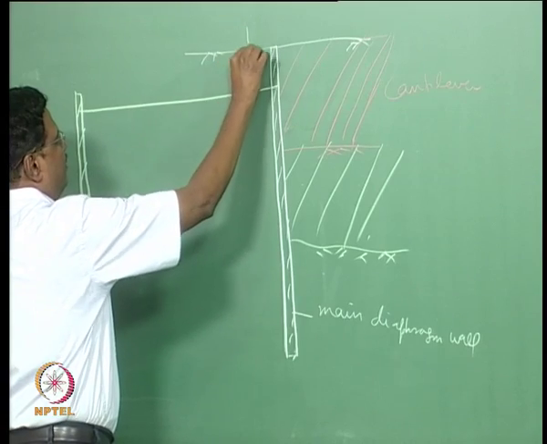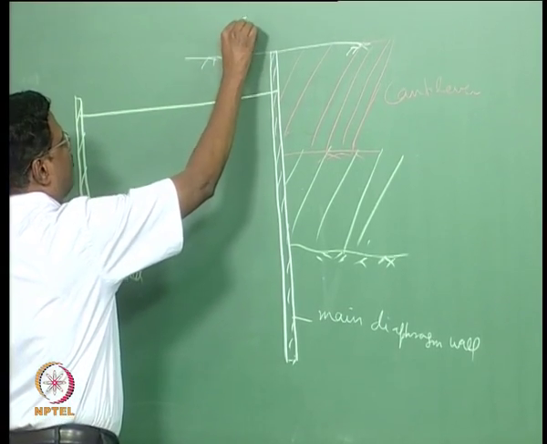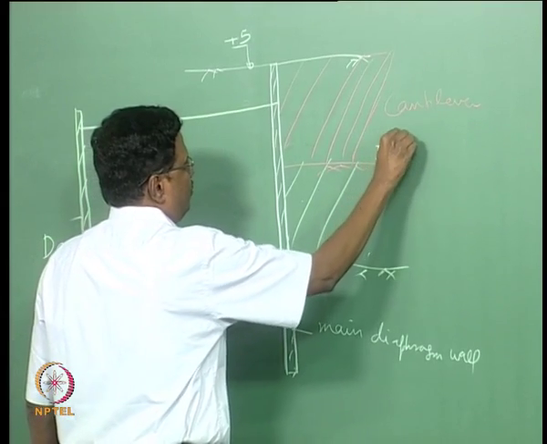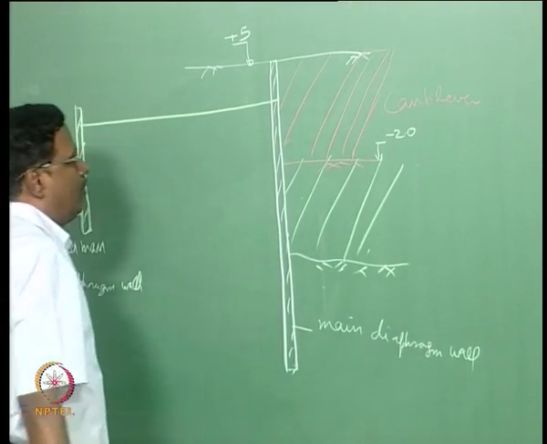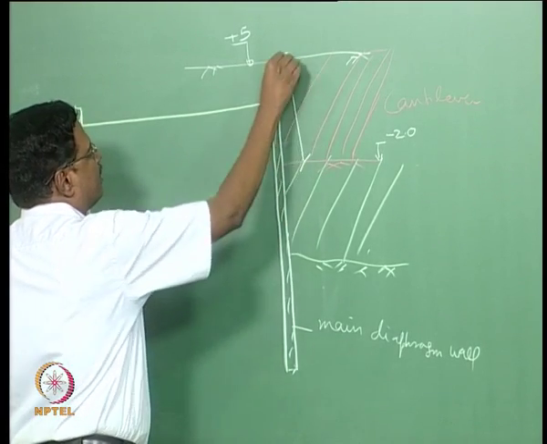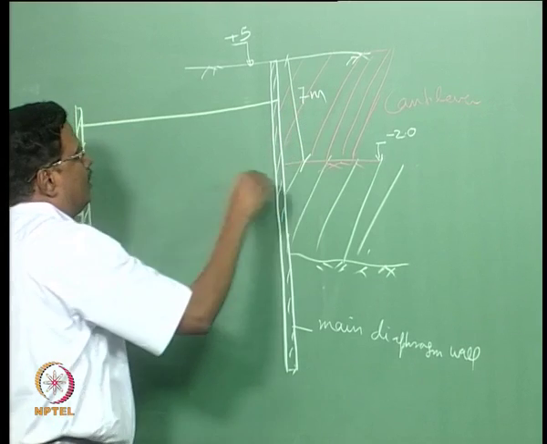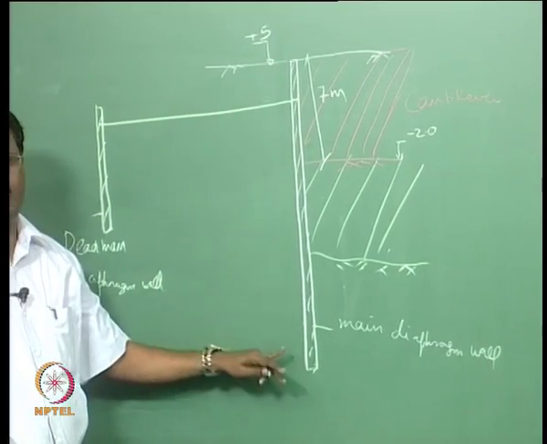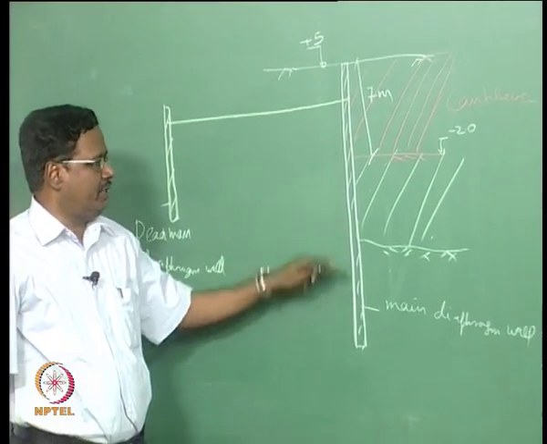Suppose generally this level is about plus 3 or plus 4 or plus 5, I will assume it as plus 5, and the dredge level is generally minus 2 for fishing harbors. For up to about 7 meter of unsupported length, you can use this cantilever type diaphragm wall. Cantilever type means there is only the diaphragm wall with sufficient embedment depth.